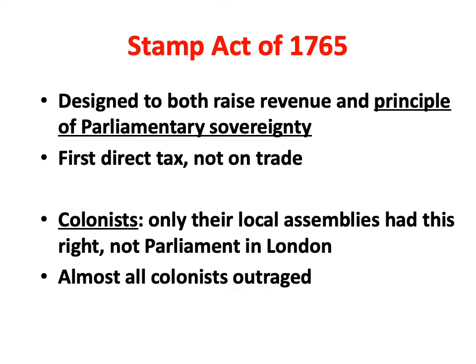It was a metal plate engraved in which they put an ink and put it on every piece of newspaper, even plain cards. Now, the colonists strongly disagreed and said Parliament in London did not have the right to impose direct taxes, and only their local assemblies in the colonies had that right.